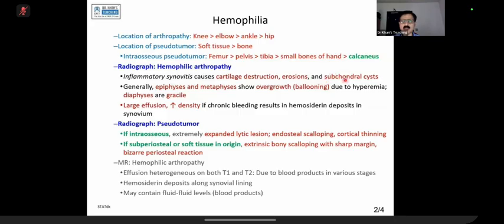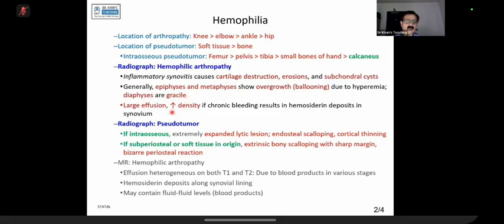So secondary OA type changes, subchondral cyst. Then there can be overgrowth or ballooning of the epiphysis and metaphysis due to hyperemia, and diaphyses are gracile. If there is large effusion, repeated effusion because of hemosiderin, there can be increased density. So this makes the radiology.